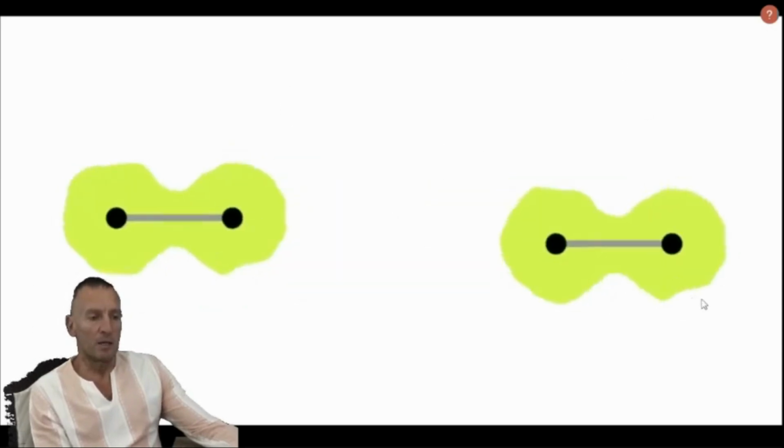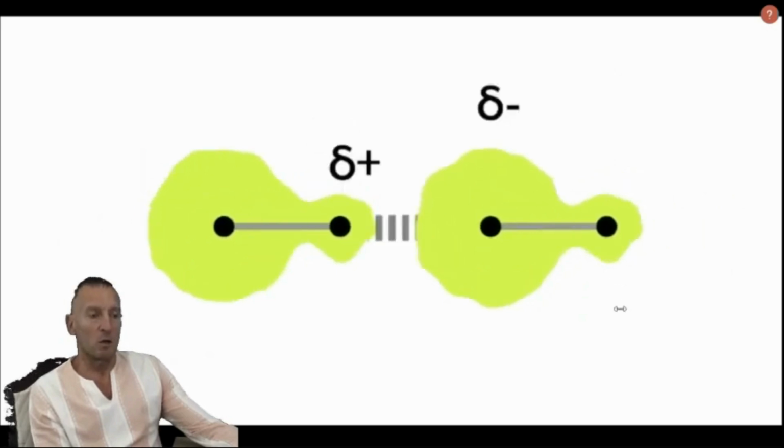see what's happening when they get closer. The electron cloud of one of the molecules gets more positive and the other one gets more negative because it gets attracted by the positive nucleus.